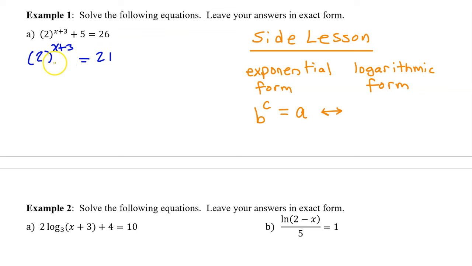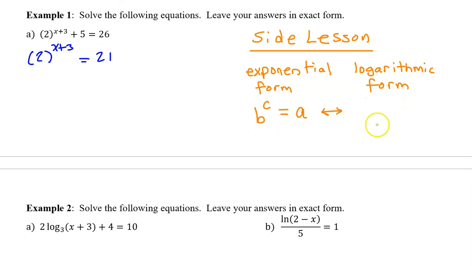There are two ways to think about what's going to happen next. One way to think about it is that we are switching forms from exponential form to logarithmic form. In a previous lesson, we learned that if we have the exponential form b to the c power is equal to a, we can rewrite this in logarithmic form, which always begins log base.